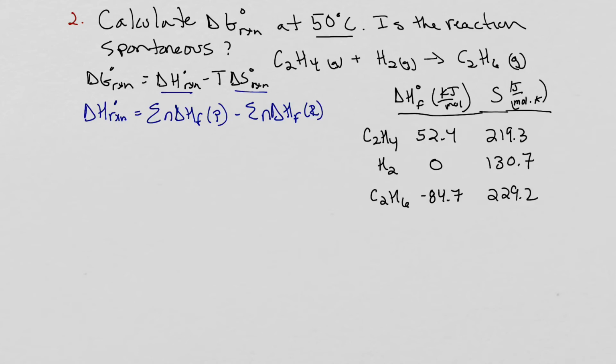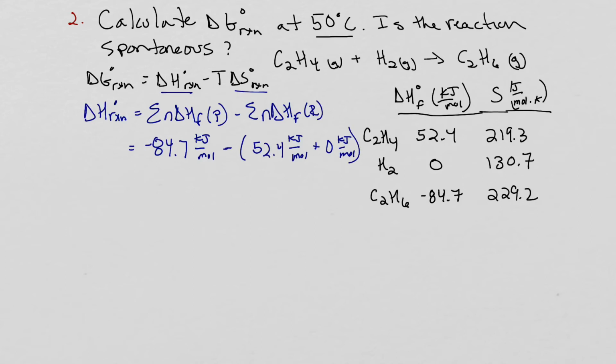Our product is the C2H6, so we have minus 84.7 kilojoules per mole, minus our reactants, which are positive 52.4 kilojoules per mole plus 0 kilojoules per mole.